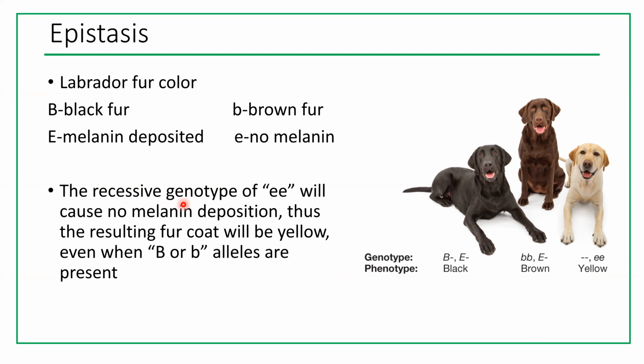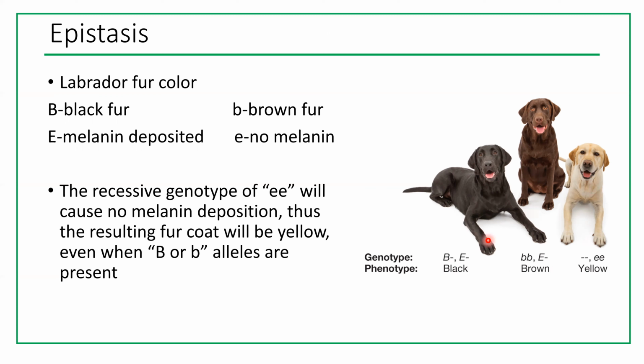The recessive genotype of little e will cause no melanin deposition. Thus, the resulting fur coat will be yellow even when B or little b alleles are present. So this dog can have little b and still be yellow. This dog can have big B and still be yellow. Or this dog can have big B, little b and still be yellow.